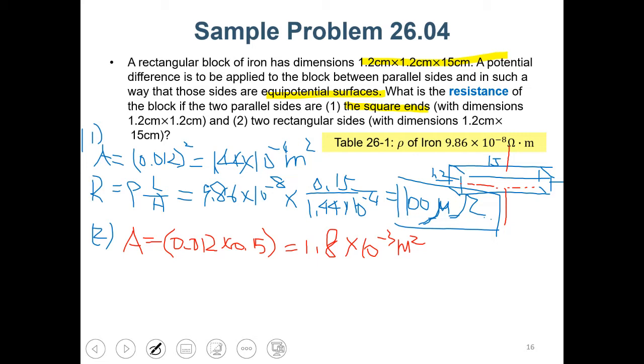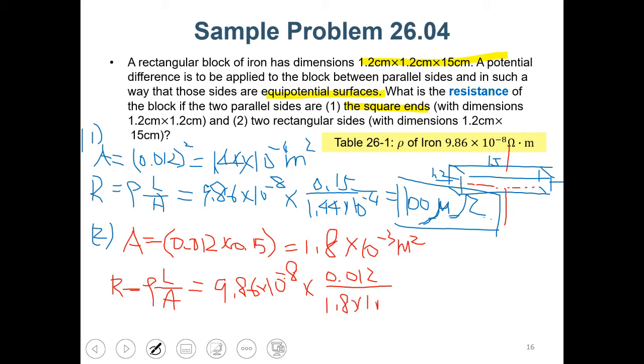So the next one is R equals rho times L over A. So the rho is still 9.86 times 10 to minus 8. So the length is 0.012 over 1.8 times 10 to minus 3.